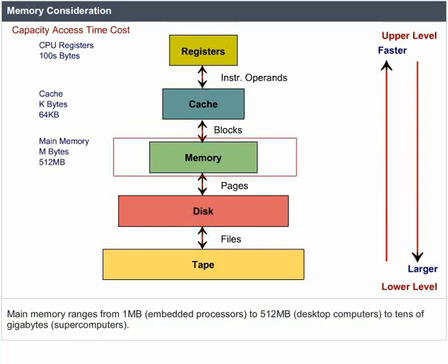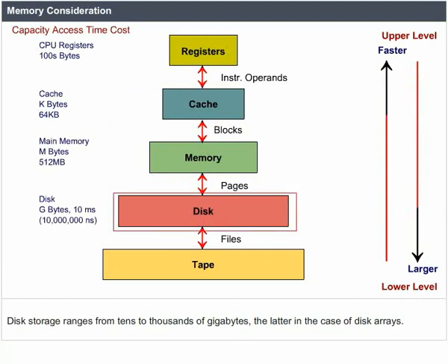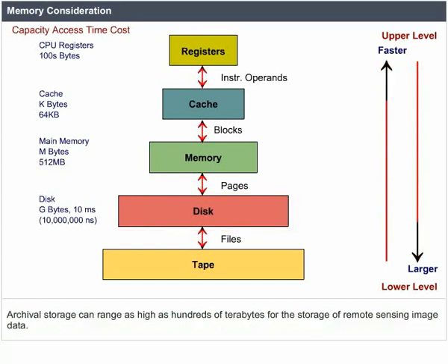Main memory ranges from 1 megabyte in embedded processors to 512 megabytes in desktop computers to tens of gigabytes in supercomputers. Disk storage ranges from tens to thousands of gigabytes, the latter in the case of disk arrays. Archival storage can range as high as hundreds of terabytes for the storage of remote sensing image data.